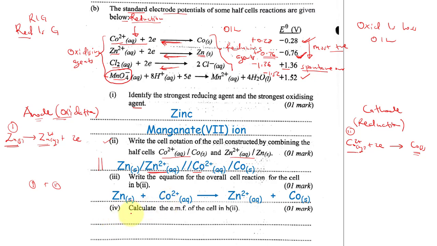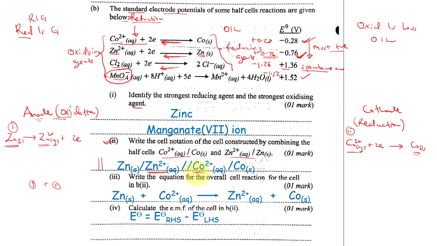So calculate the e.m.f of the cell in B, Roman 2. So to calculate the e.m.f of this cell, cobalt and zinc half cells combined, we have to first go back to our reduction electrode potentials and identify which of these two is the most positive. Or we shall simply use the formula that the e.m.f of the cell is given by the electrode potential of the half cell on the right hand side minus that on the left hand side.